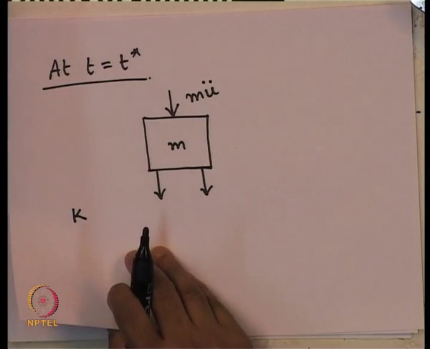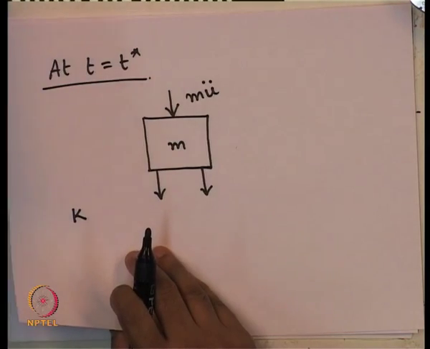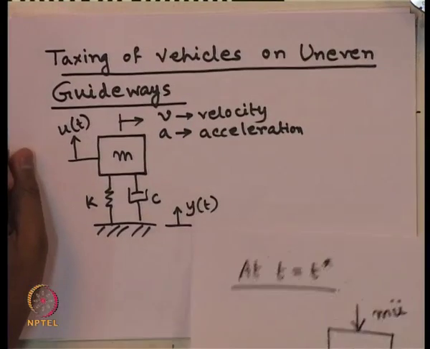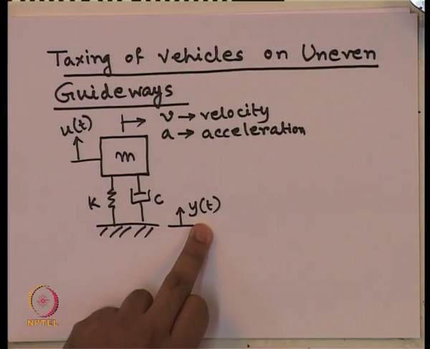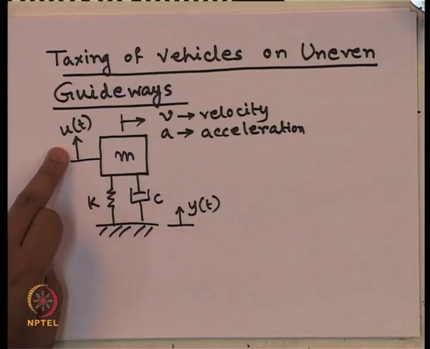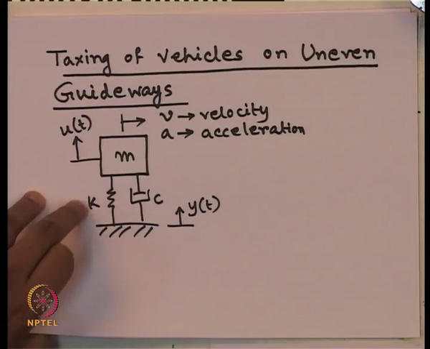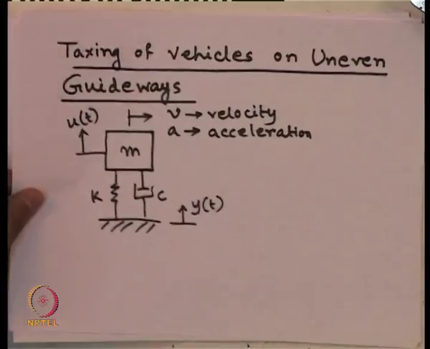What was the displacement function we have considered? Let us look back at our basic first picture. Here this was the function for the displacement profile on the ground, and this was the response at the mass level. The relative displacement between these two will give us the magnitude of the spring force as well as the damper force.